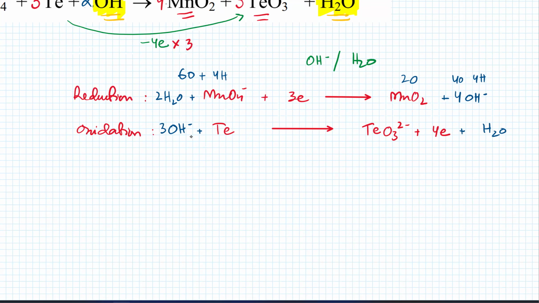But then the trouble is that I'll have 3 spare H's, right? So can this be balanced or not? Let's say I have 3 water molecules on this side. So that gives me a total of 6 H's?